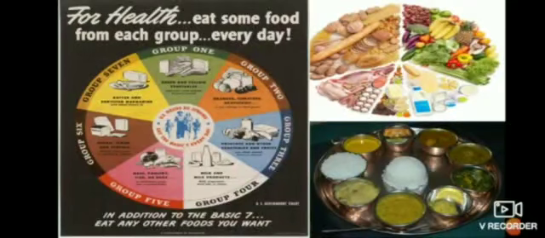Children, how can we make our diet a balanced one? By taking plenty of fruits and vegetables, leafy vegetables, and then by taking green salads, vegetable foods like cereals, pulses, milk adequately.